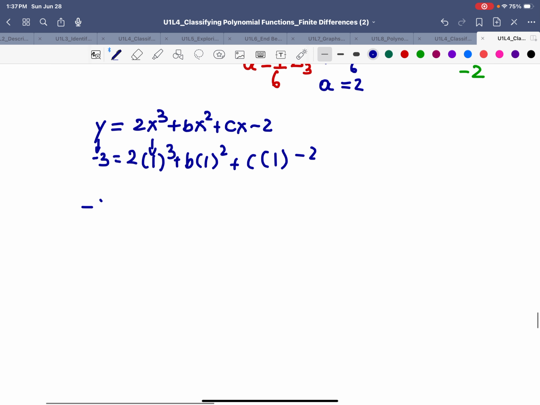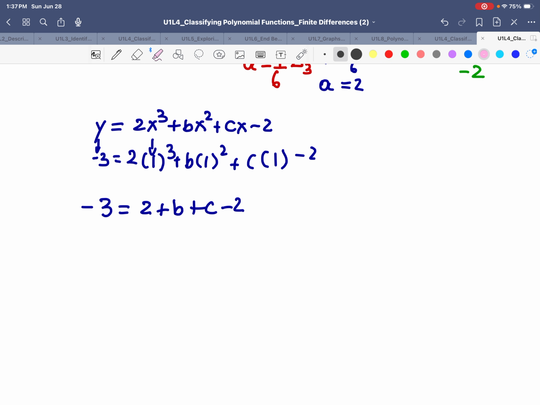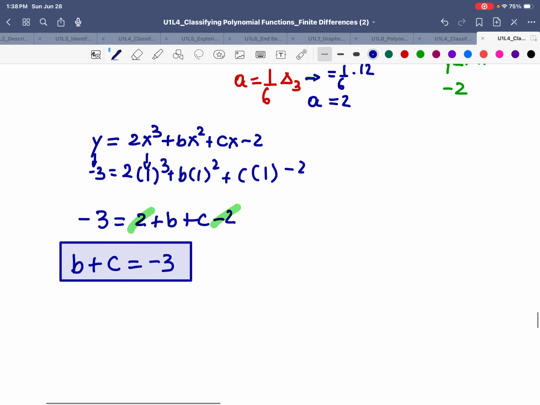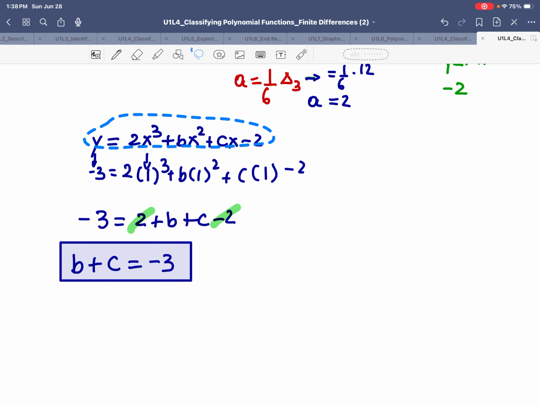We have negative 3 equals 2 plus b plus c minus 2. So 2 and negative 2 will simplify here to 0. So we have created the first equation that describes the relationship between b and c, and b plus c equals negative 3.